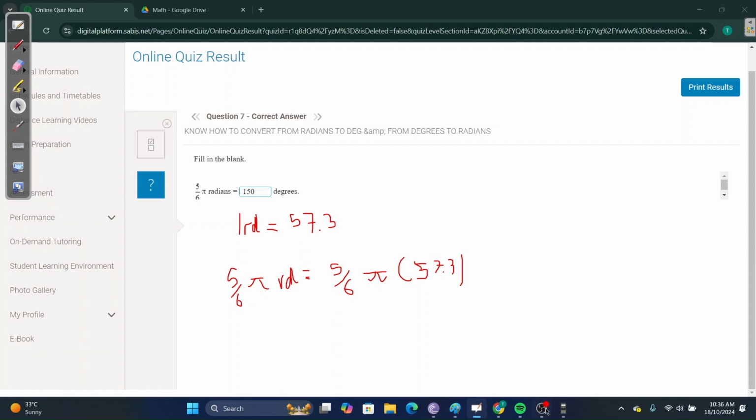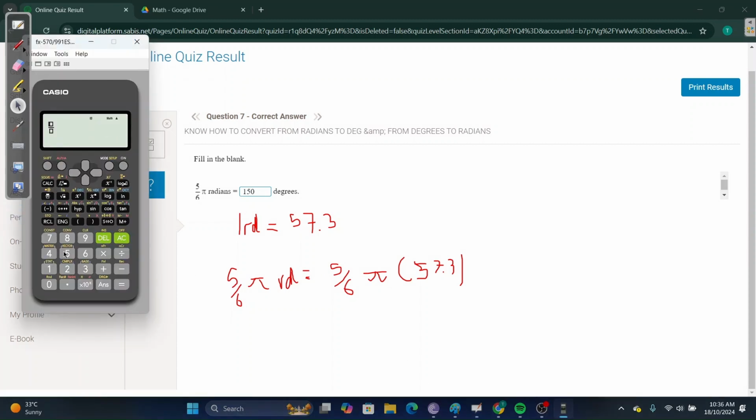So you do this on a calculator. 5 over 6 pi, brackets, 57.3. Close the bracket. You get 150.011. See what I mean? It's going to give you approximate values, but they're good enough to pass. So like 150, just take it as 150.